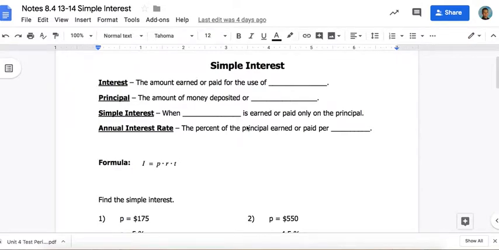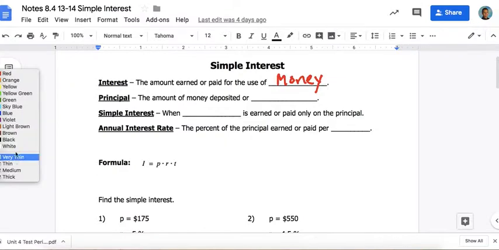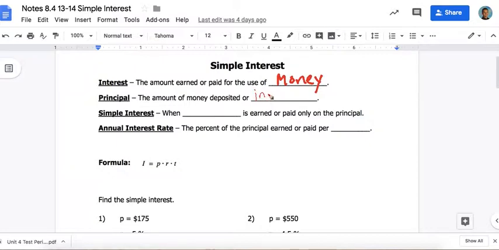So, what is interest? Interest is the amount earned or paid for the use of money. Principal is the amount of money deposited or invested.